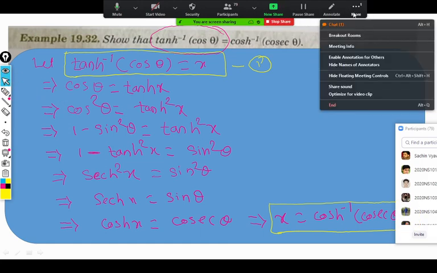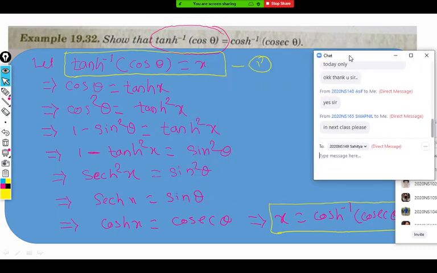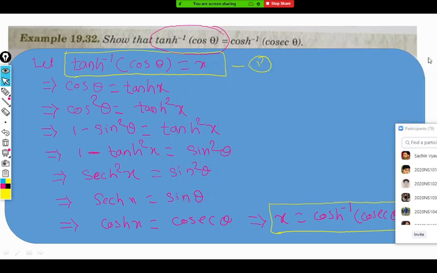Okay, you are writing, no issue, you can write it. Yes, Swapnil is saying in the next class, please. Right now I have decided to finish this syllabus in 2 more classes. So I will take one more question right now. Just one last question after this. Okay, one simple question. Done, sir. Done? Okay, very good.